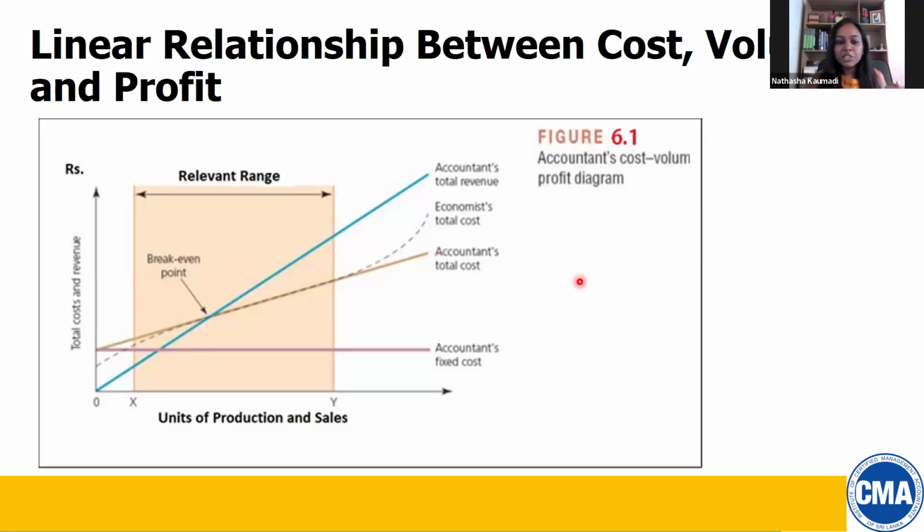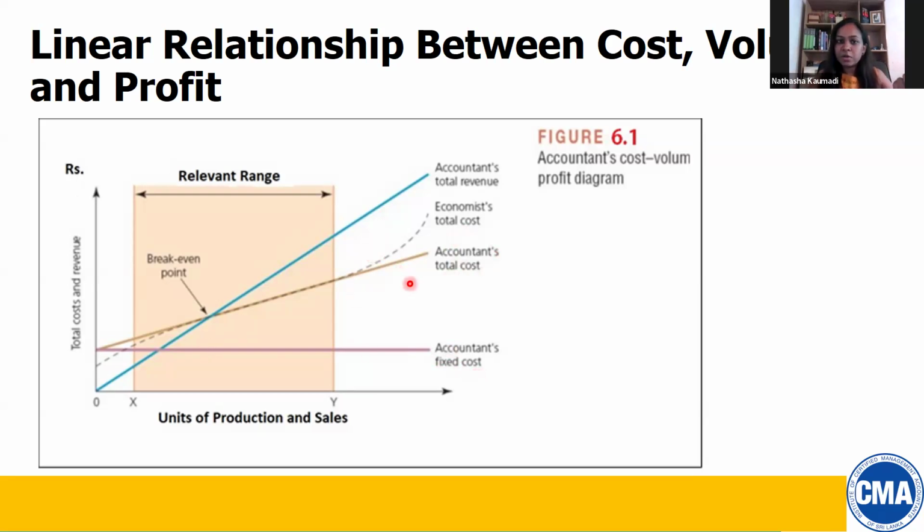Now, how can we show the variable cost from this graph? Difference between which lines? The variable cost. Difference between this total cost line and the fixed cost line.